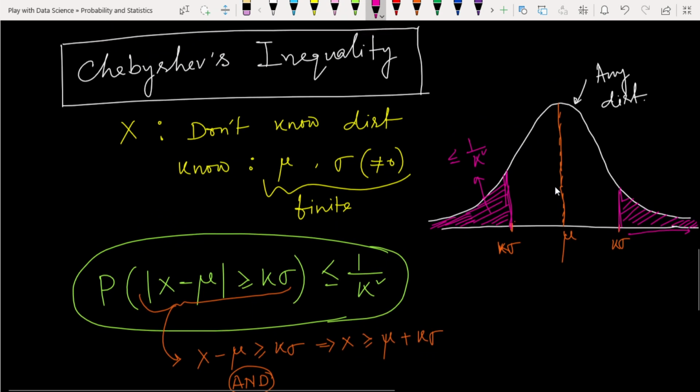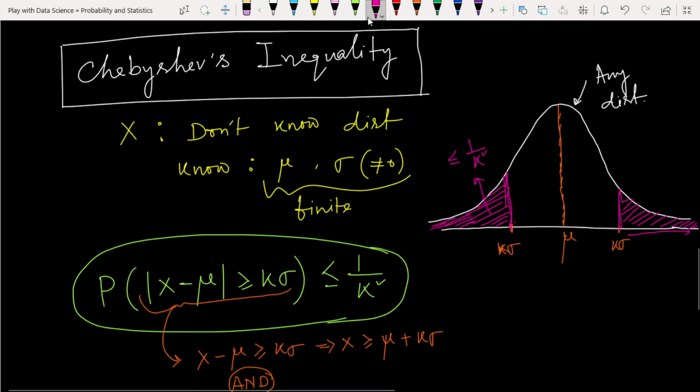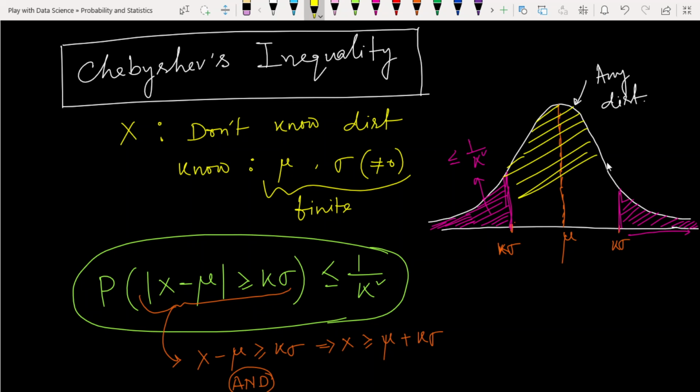If you visualize this in another way, the yellow portion of this picture, we know the whole region is 1. If you find the area of the whole region under this curve, it is actually 1. And the pink range is less than or equal to 1 over k square.